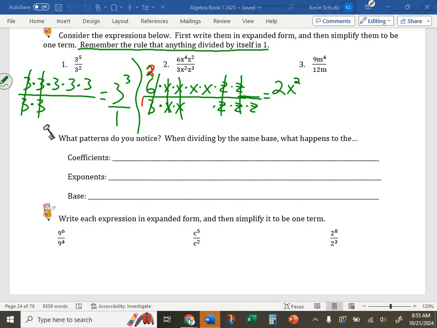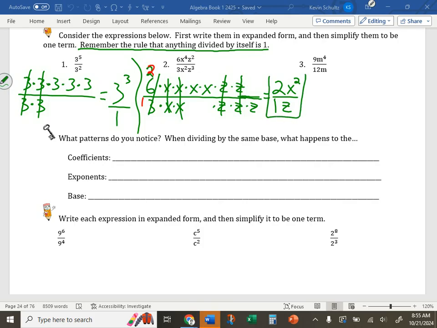We canceled them both out. So in our denominator, we have this coefficient of 1, which we can write if we want to. We don't have to, but just because we're still learning, I'll put it in there. 6/3 becomes 2 over 1. In our denominator, do we have any x's? No. We do have, though, 1 z.